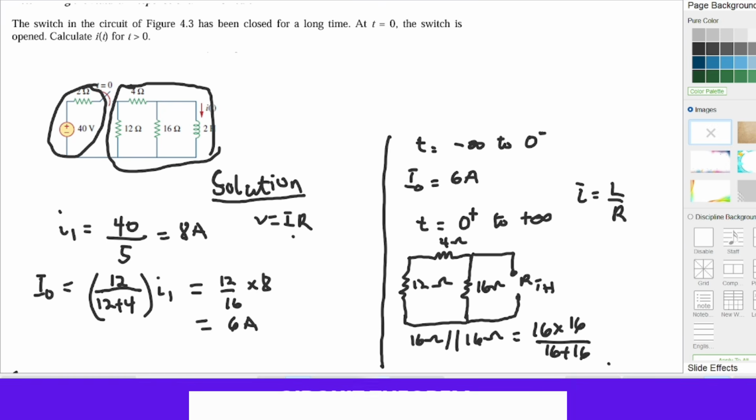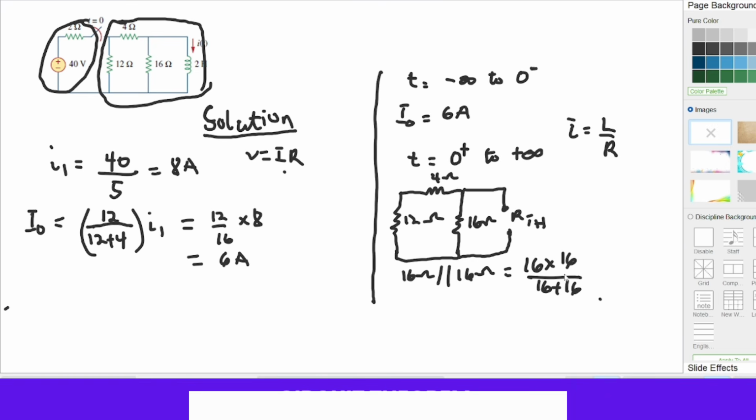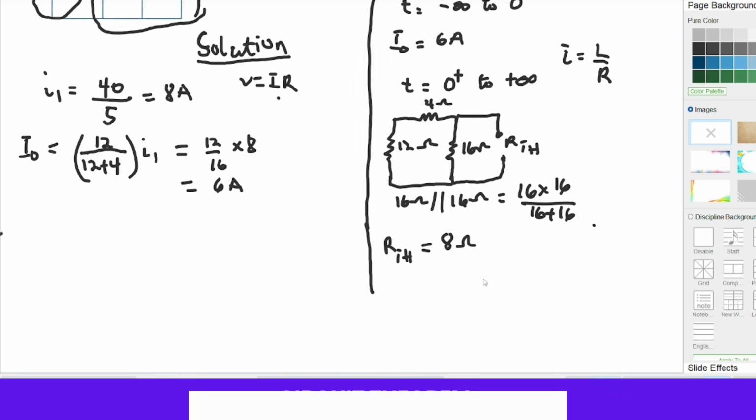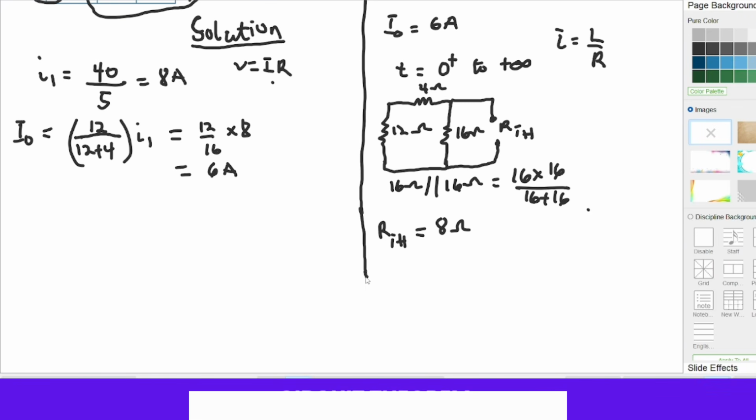And that will give us our RTH, which is 8 ohms.